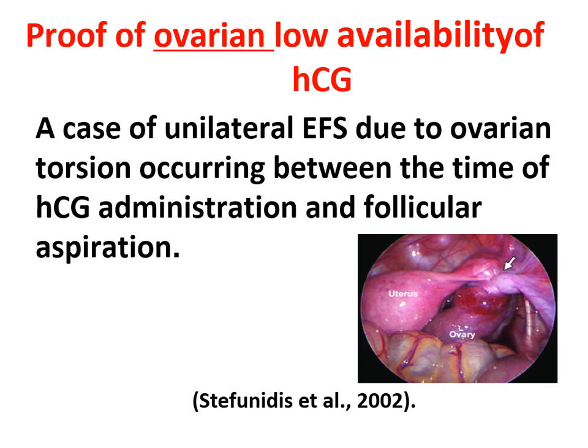So the blood supply to the ovary has been impaired, so the problem is the low availability of HCG in the circulation. So it is a problem in the circulation. So we prove that it can occur by this case report.